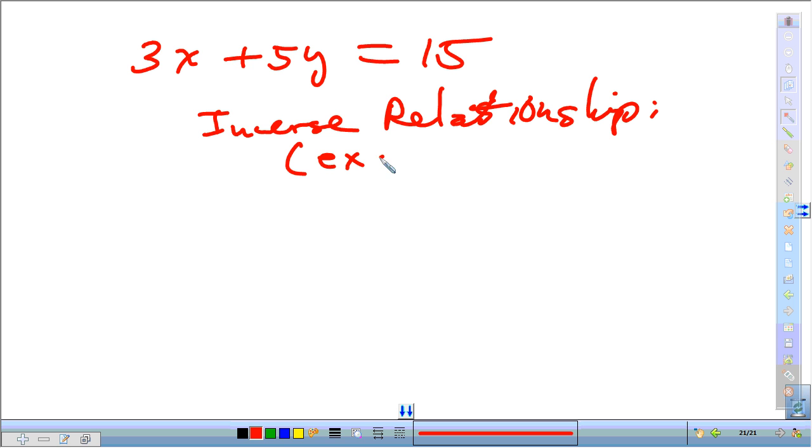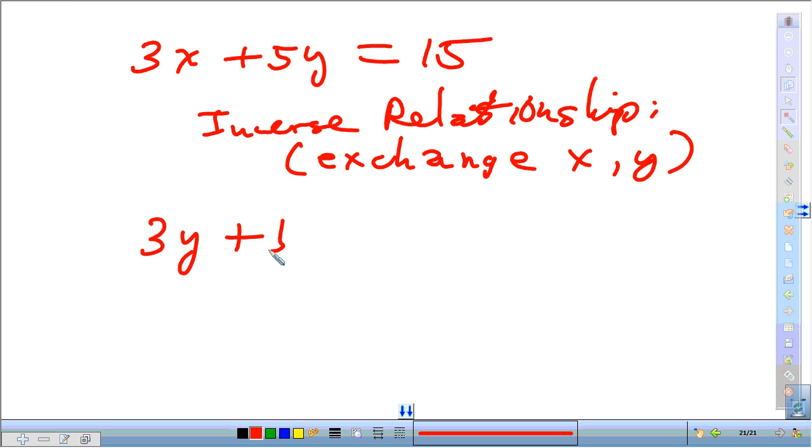Which would be, write the ordered pairs backwards. Or exchange the first and second coordinates. So instead of 3x, it's 3y, and 5 instead of y, that becomes x. So that's the inverse of the relationship.